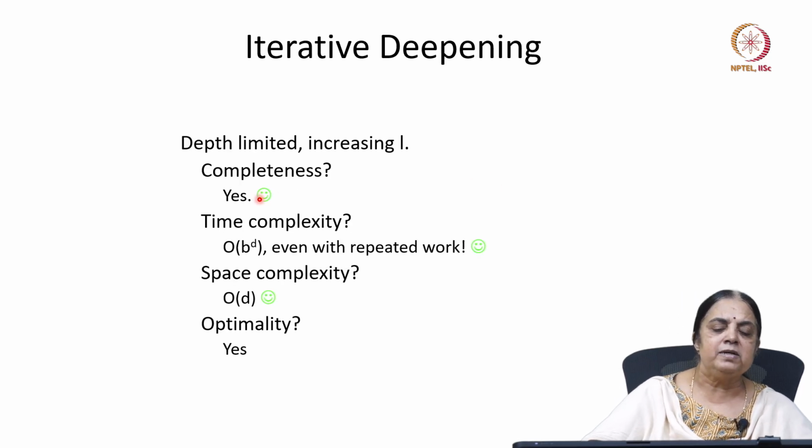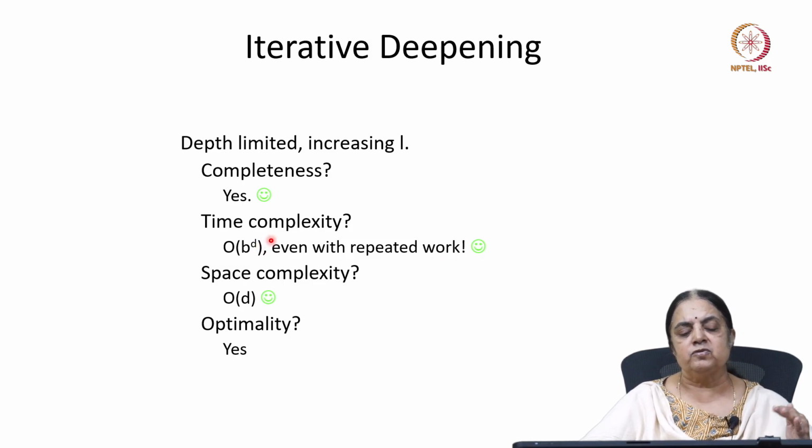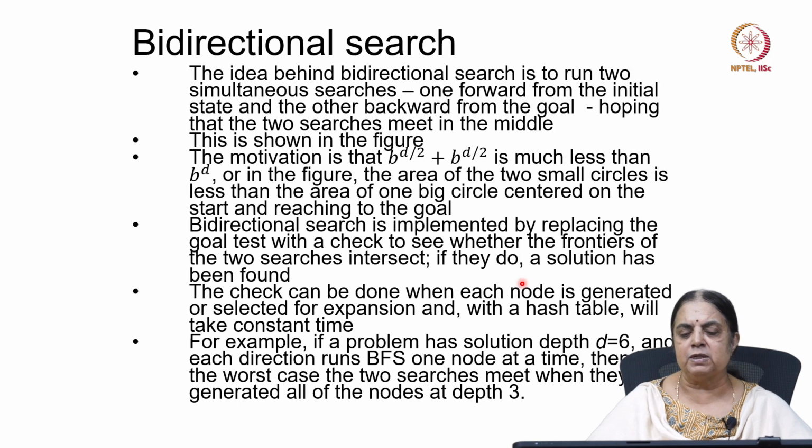Completeness, yes, just like the breadth first search. Time complexity, order of b to the d, where d is the lowest level at which a goal exists, and space complexity is order of d, which is really good. And optimality is there. So iterative deepening is a good option.